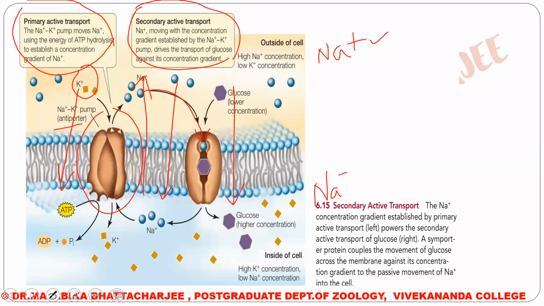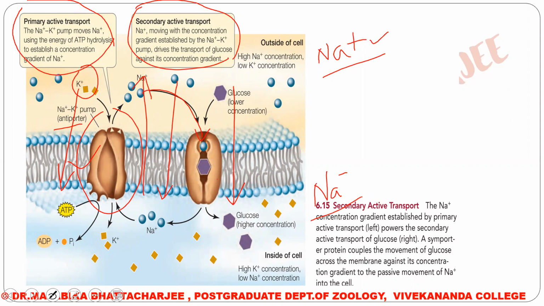Now look at the mechanism of the symporter. This is an energy driven process, but this is not an energy driven process. What happens here? Sodium, as I said, has a high concentration outside. Sodium has a low concentration inside.